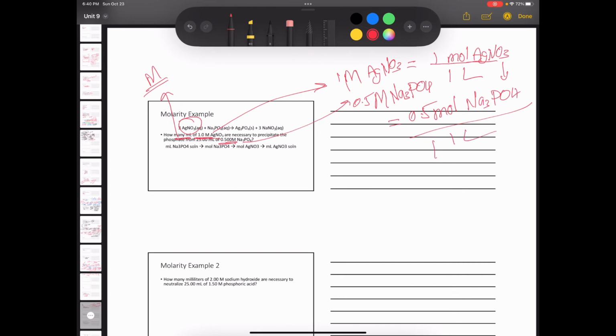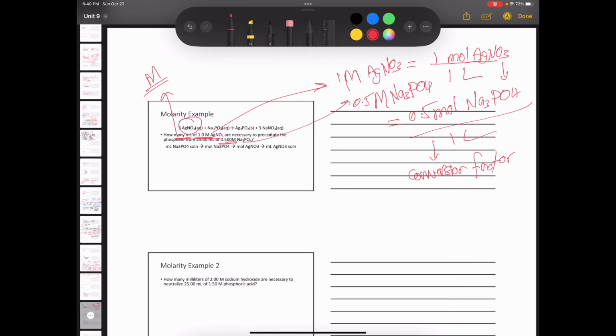So I can, once again, use this as a conversion factor to convert between milliliters or liters of sodium phosphate and moles of sodium phosphate. So this is almost serving the purpose of the molar mass, but in this case we're using the molarity, if that makes any sense to you.